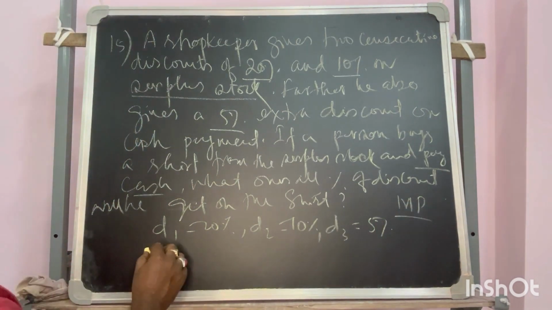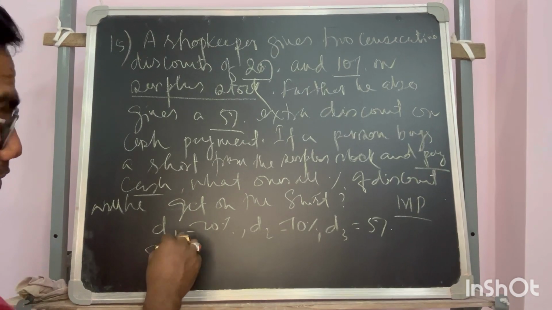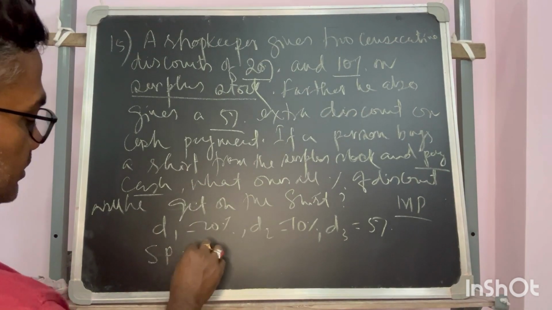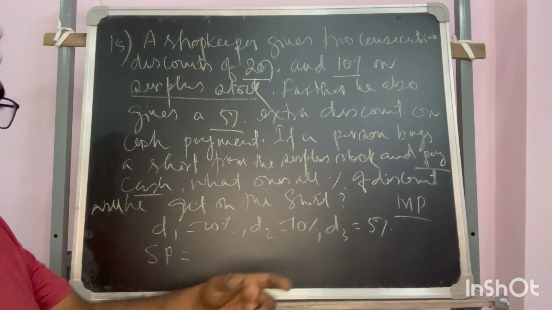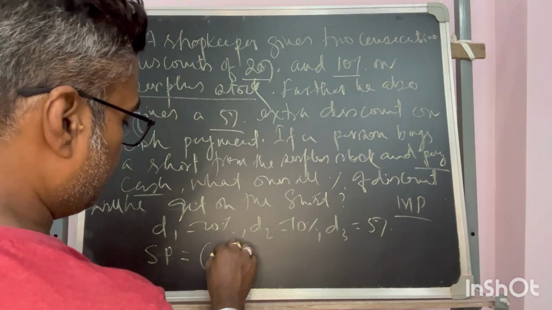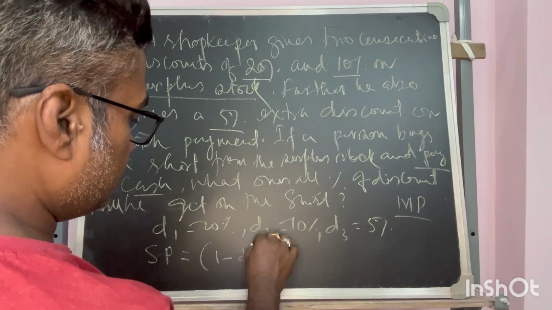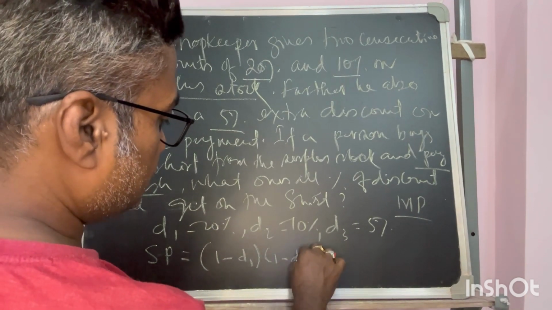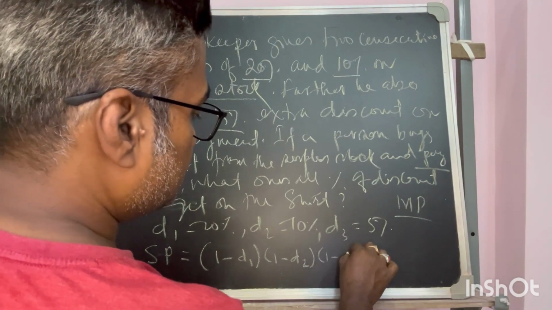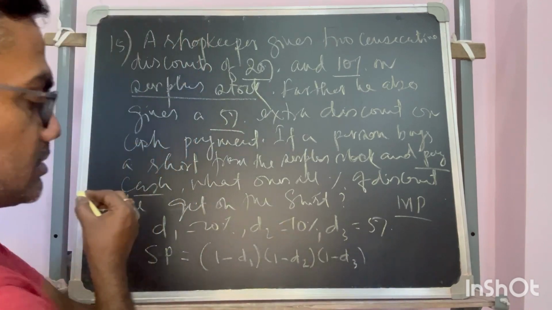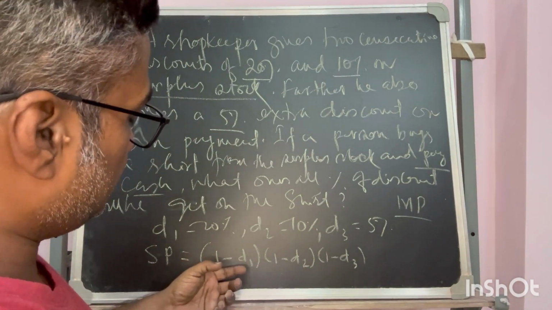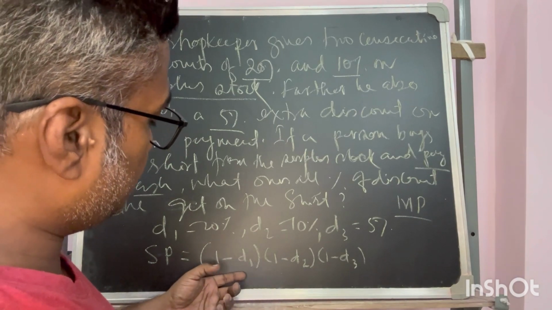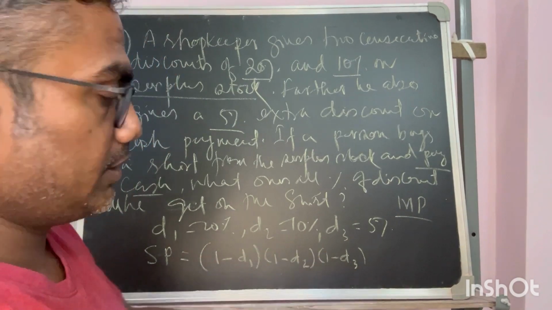To remember the formula if you have forgotten: the selling price is always less than the market price. So SP = (1 minus D1)(1 minus D2)(1 minus D3) times MP. This is the simplest thing to remember. All discounts are consecutively deducted from 1 and multiplied.